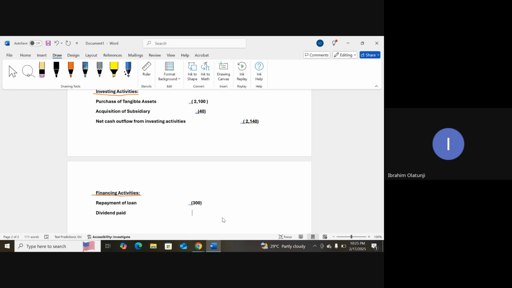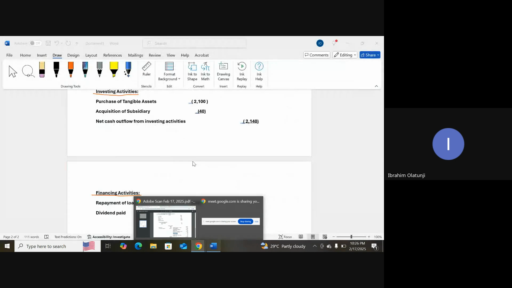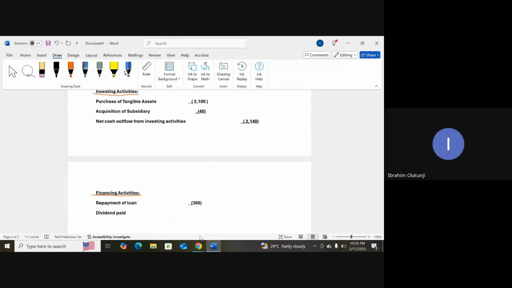Who can answer that? Okay, go ahead. I've already granted the permission. You can talk. No problem. Dividend paid of that 150, is it going to be in bracket or not?